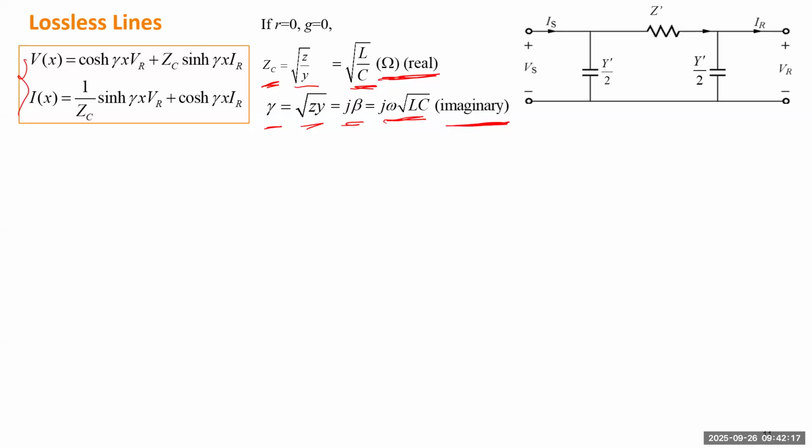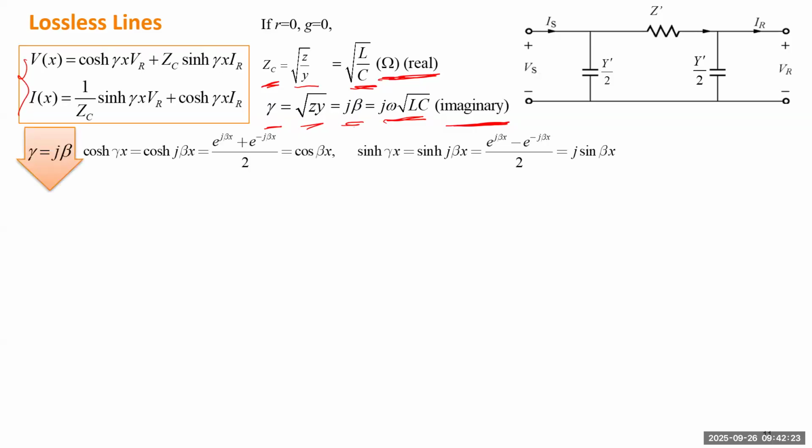So let's plug in ZC and gamma. You see, for the gamma x, the cosh gamma x will be replaced by j beta x.